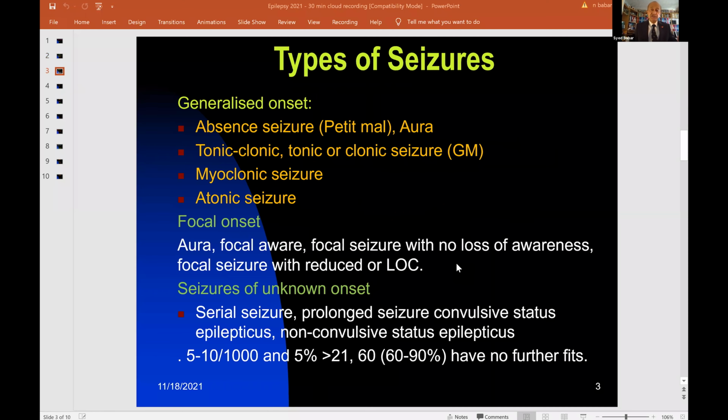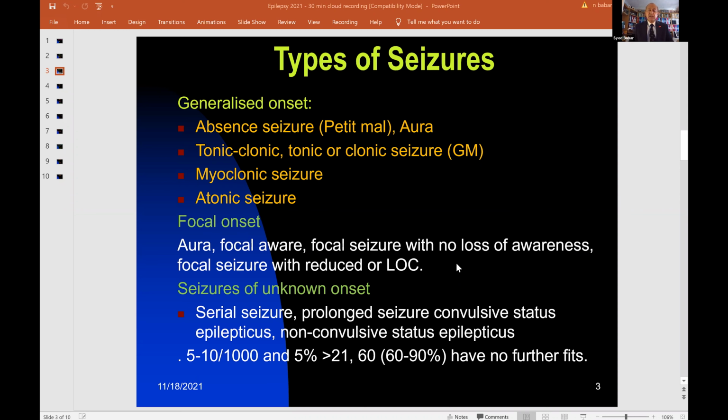The generalized onset epilepsy can be absence seizure, in which case there will be no convulsions and there would be absence of mind for a period of time, sometimes preceded by an aura. And in that, the patient behaves in the same way as the patient would with any other neurological overactivity.